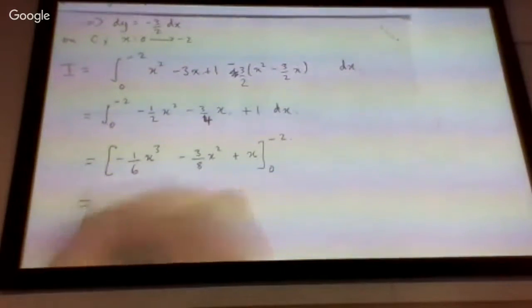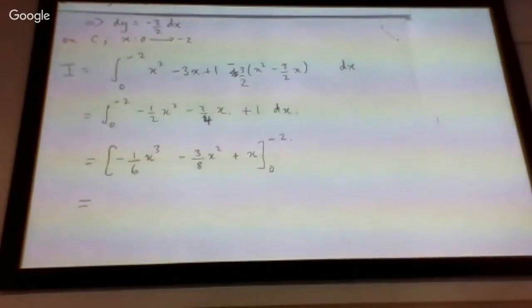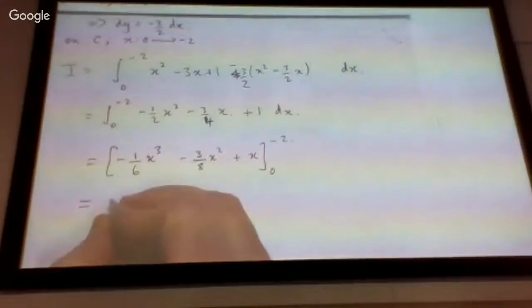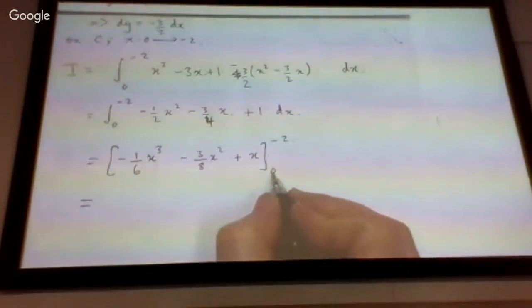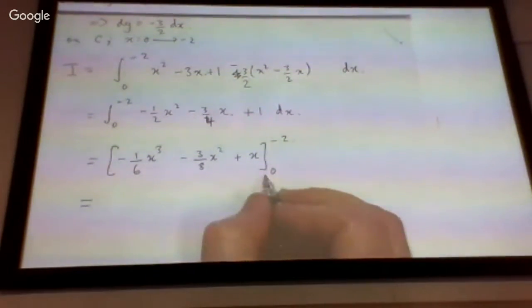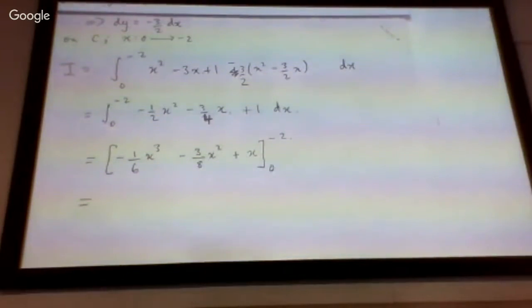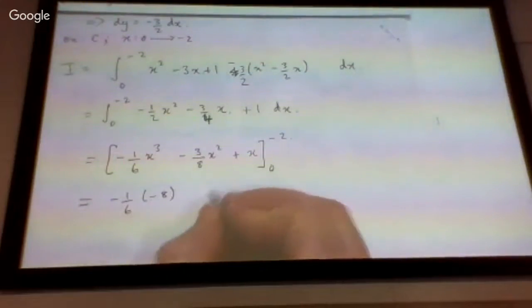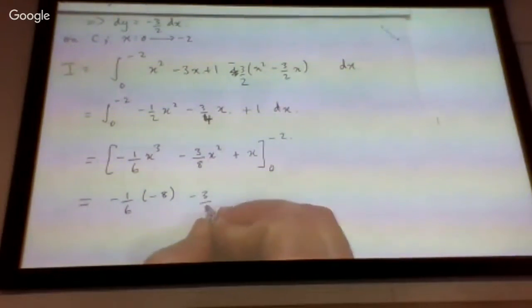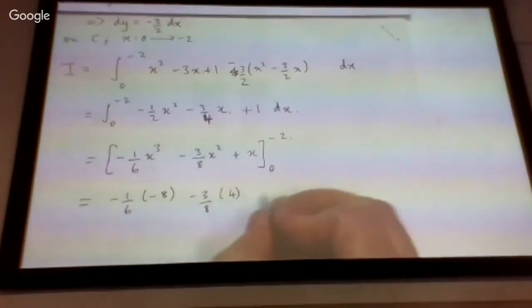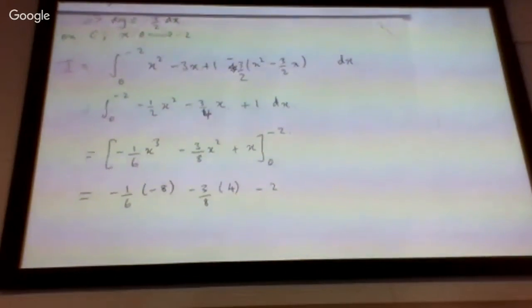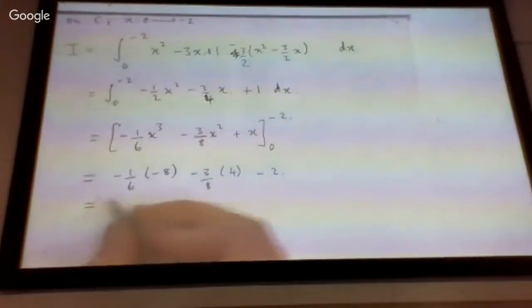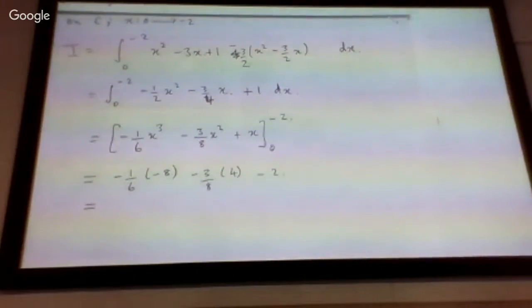I mean, this now is just first year stuff, isn't it? It'll be nothing when you evaluate it at 0, since everything's got an x in it. So evaluate it at minus 2, we get minus 1/6 times minus 8, and minus 3/8 times 4, minus 2. And that's something.